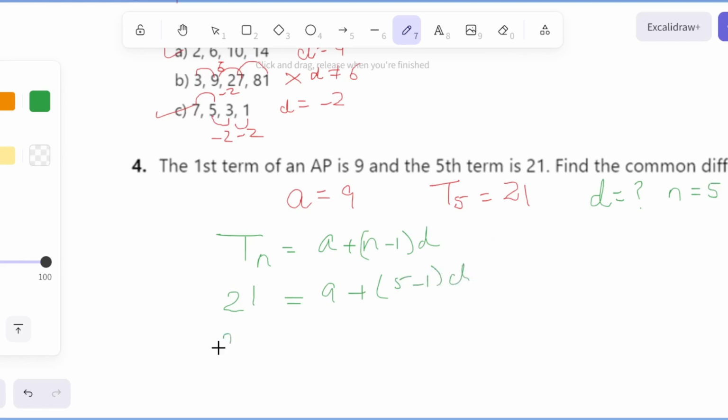Open the bracket: 5 times D is 5D, or just solve it, 5 minus 1 is 4, so 4D. Now take 9 to this side, it becomes 21 minus 9 equals 4D.